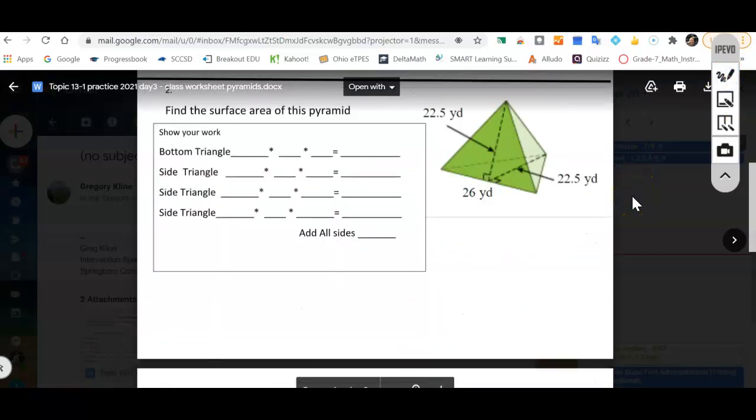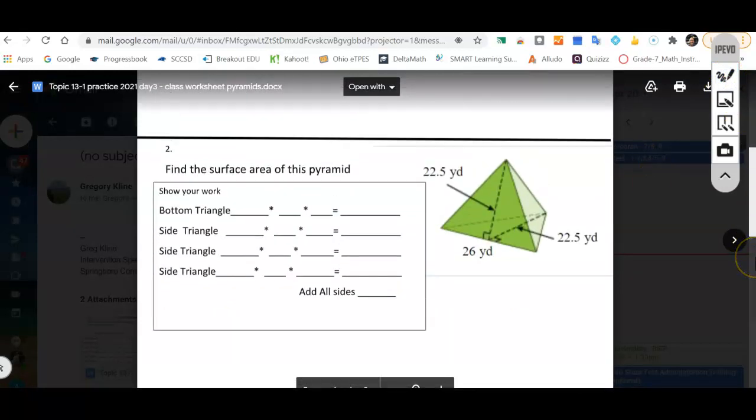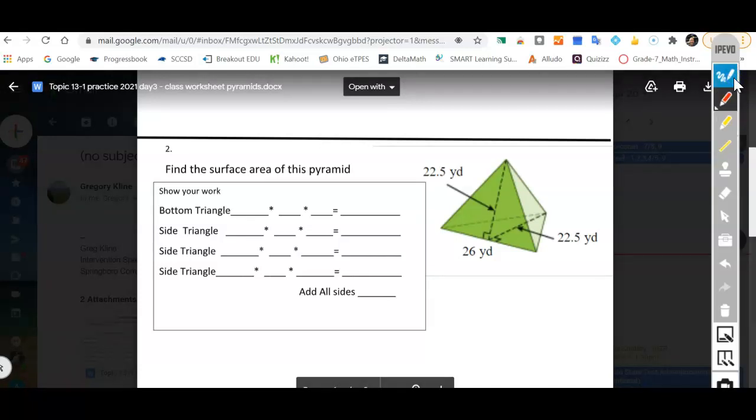What about number 2? So it says bottom triangle. We're going to start with the bottom triangle, the one we're sitting on. What do I have to do to find the area of that bottom triangle? Any triangle, what do I do to start with? 0.5 or 1/2, right?